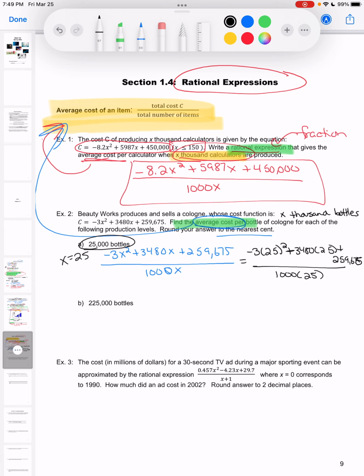Now we can type that in our calculator. I would type in the numerator and get an answer. You should try typing it in to make sure you get the same answer I do, and then type in the denominator, get that answer, and then we're going to divide.